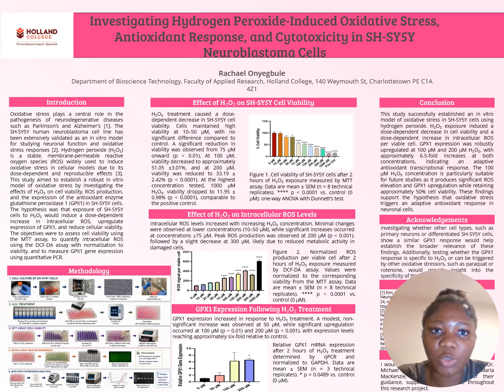Importantly, GPX1 expression was upregulated at the high concentrations of hydrogen peroxide, with approximately over six-fold observed at both. This indicates that SH-SY5Y cells mount an adaptive antioxidant response to oxidative stress.